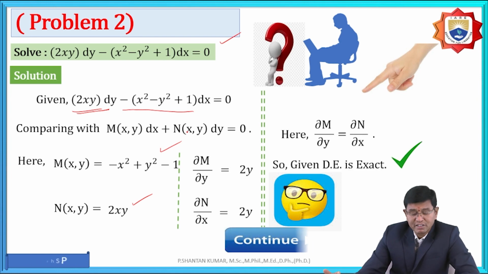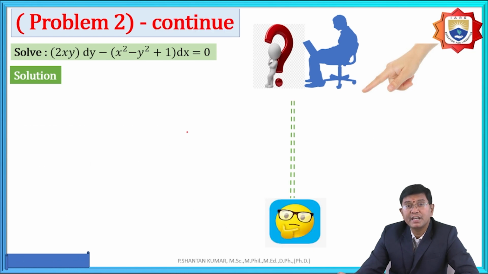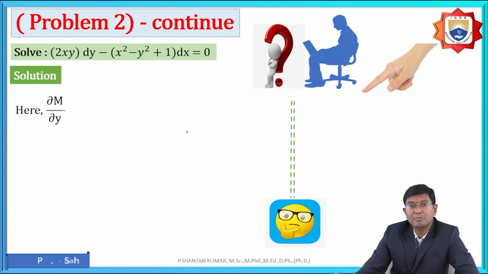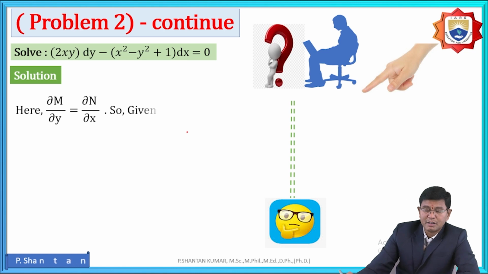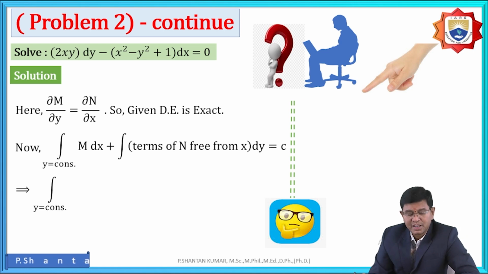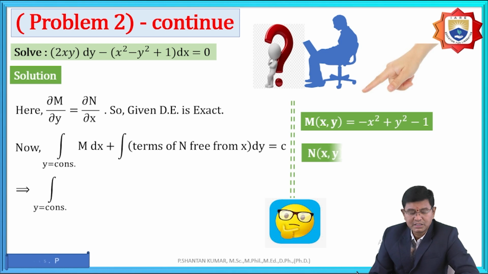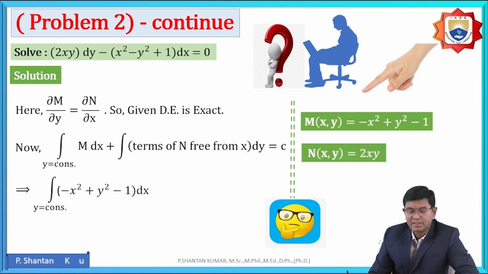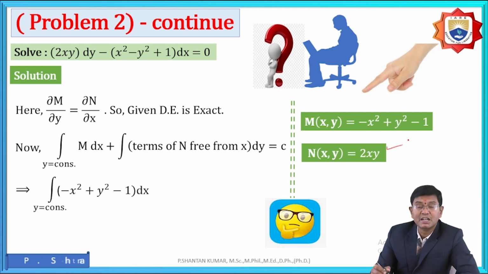As we know, if the given differential equation is exact, the solution is integration of M dx plus the terms of N free from x into dy. And here M is clearly given on the right side. We need to take the terms of N free from x. In this condition, the terms of N free from x: here N is minus x square plus y square minus 1, and the term containing x we need to avoid.